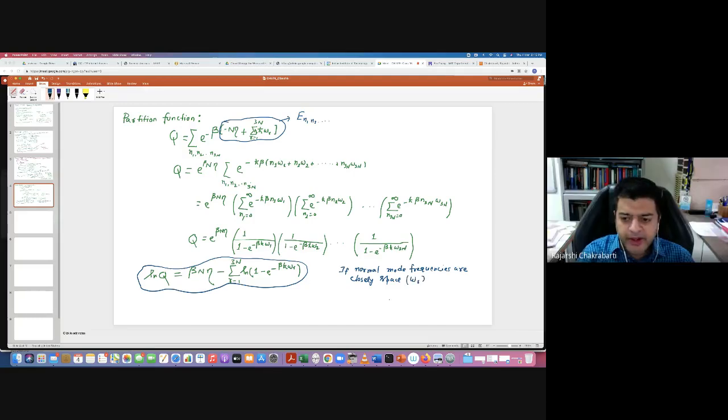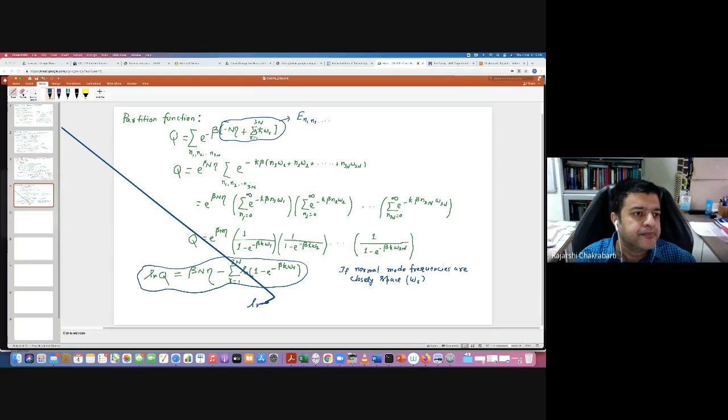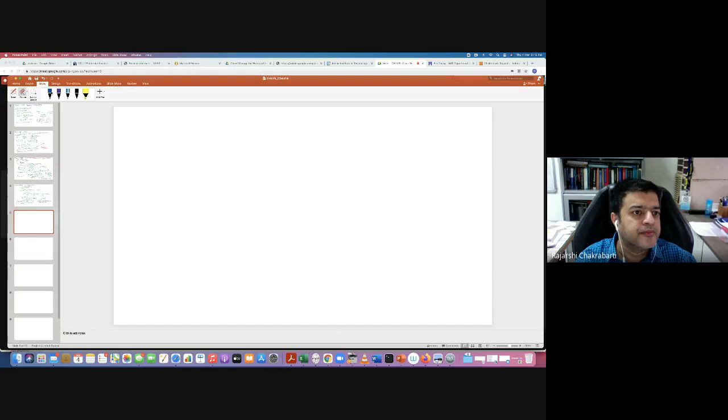Then I can integrate, but before I integrate, I have to multiply this with the number of normal modes. We have to multiply this with the density of states. So it will be something like ln q, which I'll do in the next slide.